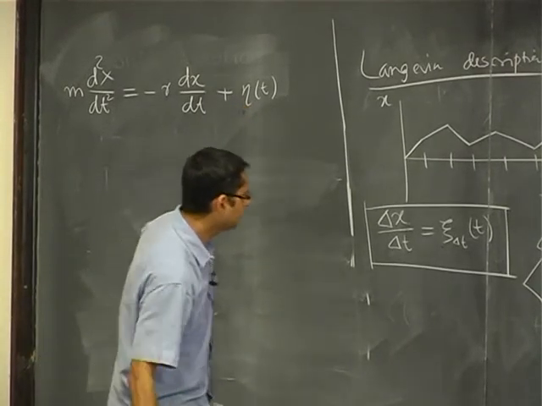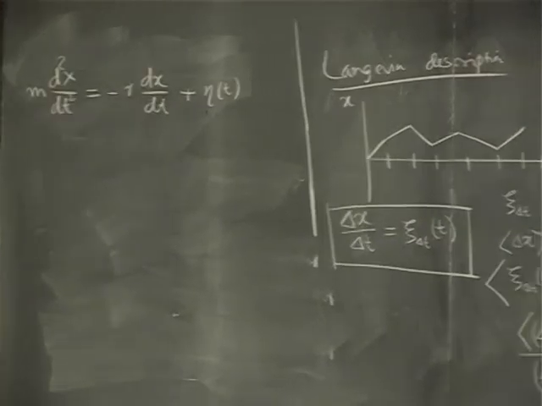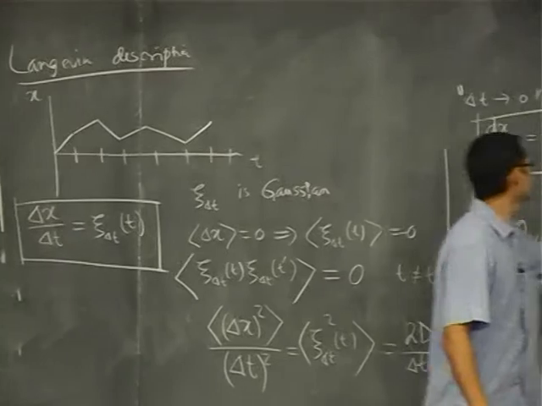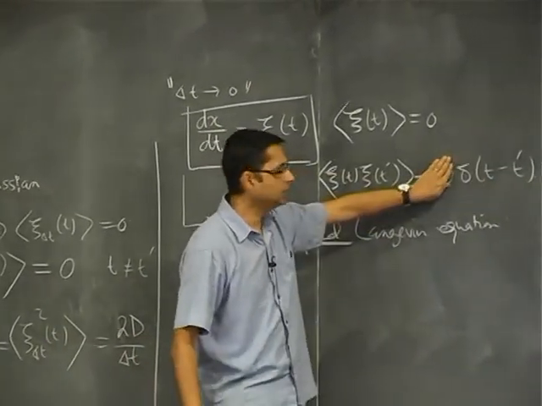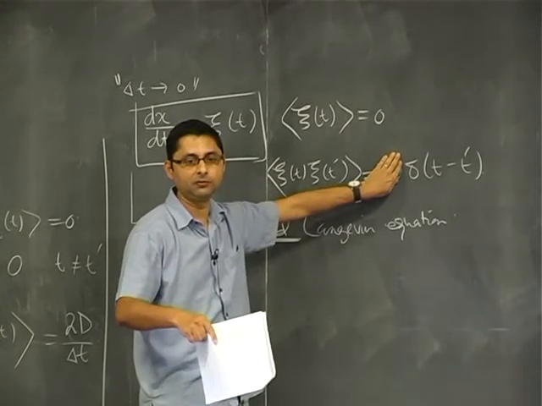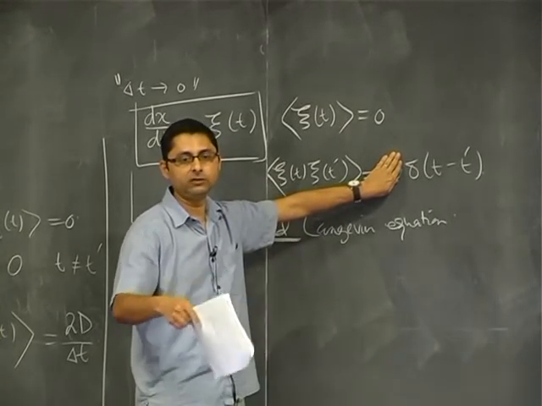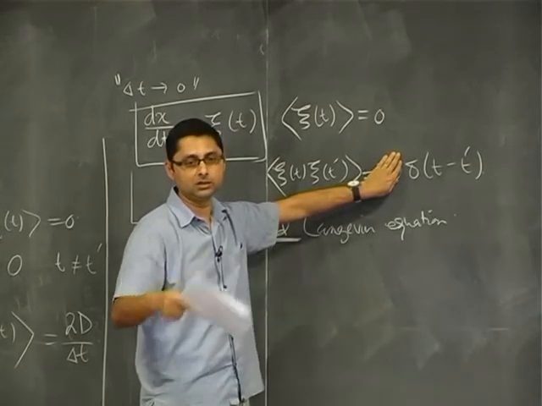I have told you that either I can use this equation, or I can put the square root of 2d here and define the noise with the 2d removed. This is what we did when we went from a Gaussian variable of some finite mean and finite variance to a Gaussian variable of 0 mean and unit variance.